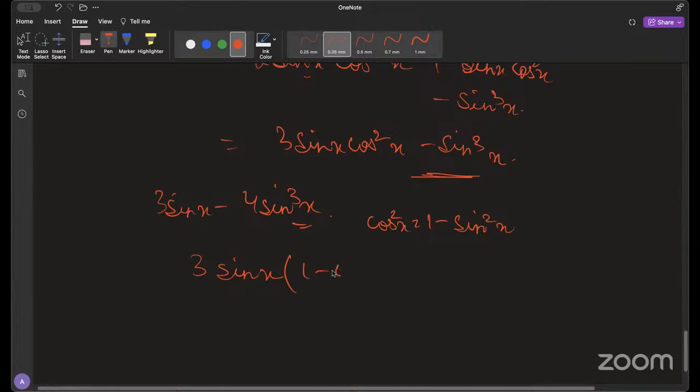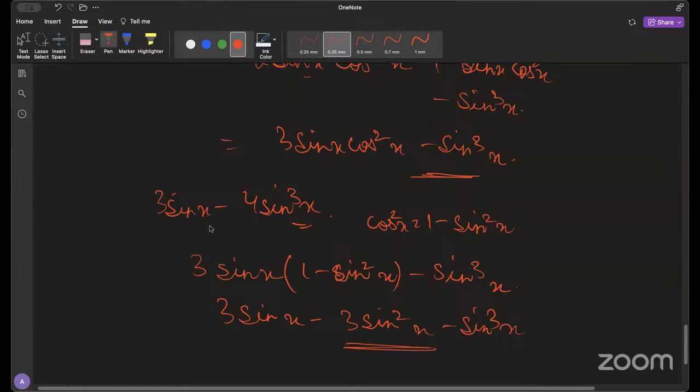Either you can do this. Directly get 3 sin x minus 3 sin square x, and we already have a sin cube x here. So you're getting exactly what's given in the options.